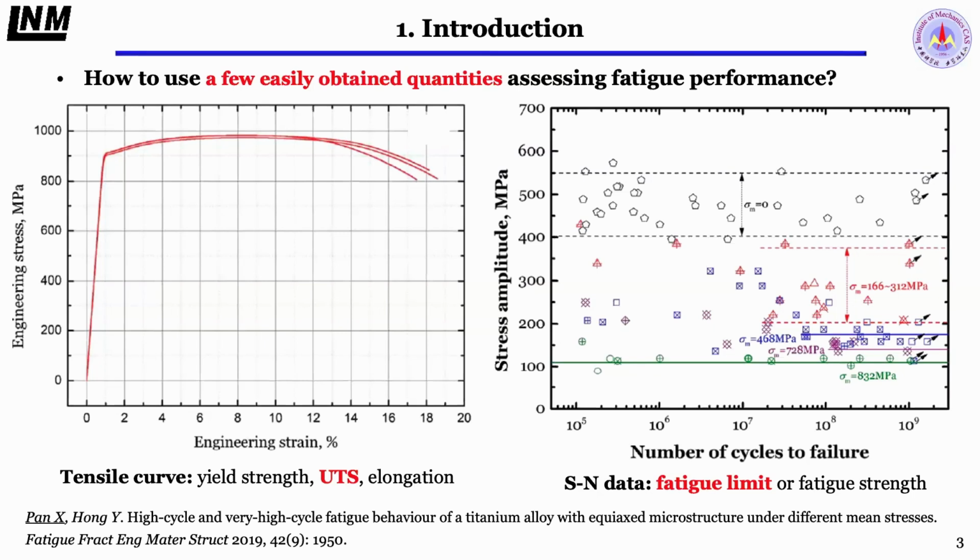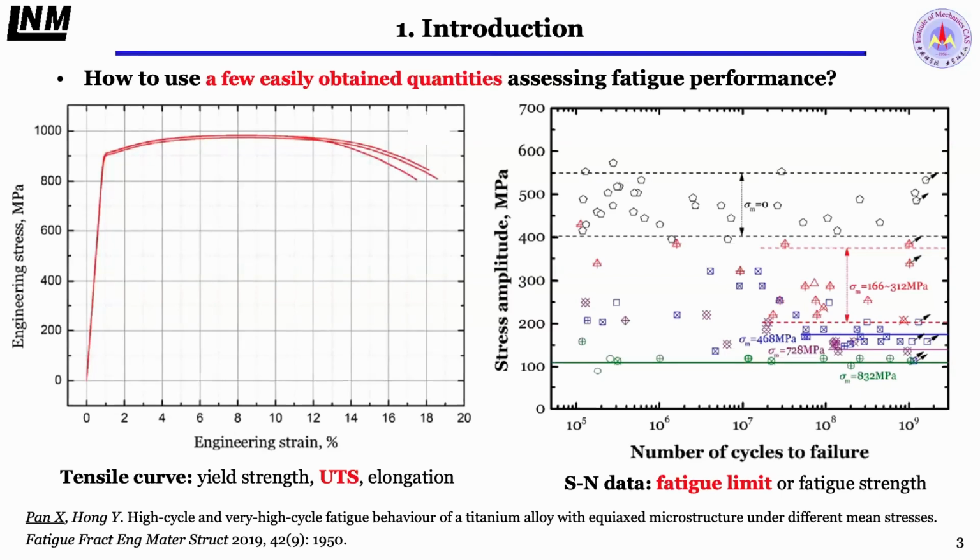Even for one stress ratio, you need at least 10 or 15 specimens, and a specimen only accounts for 1 point. So it's very difficult to obtain. But the tensile curve is very easy to obtain.